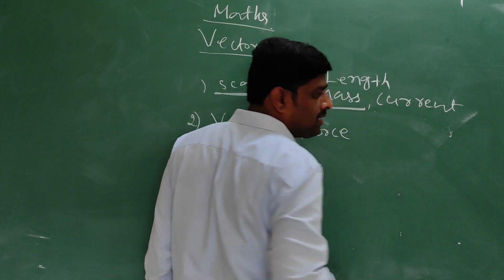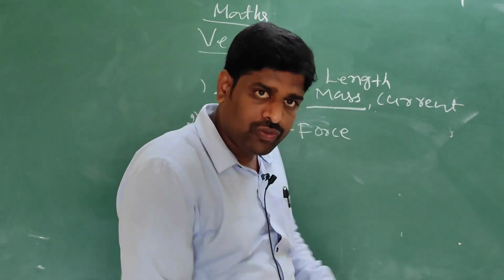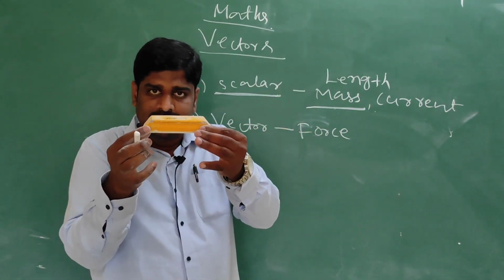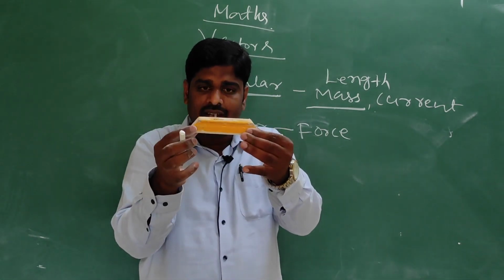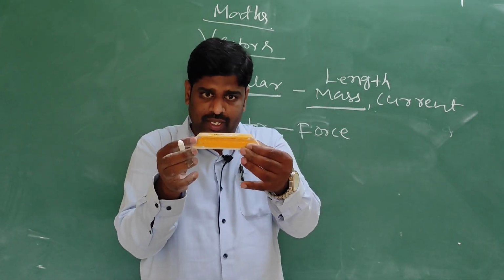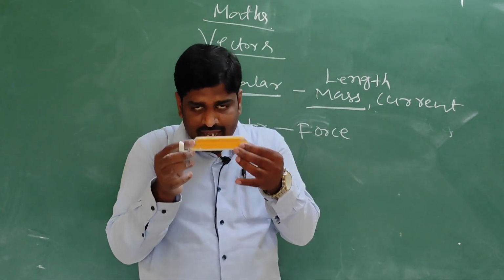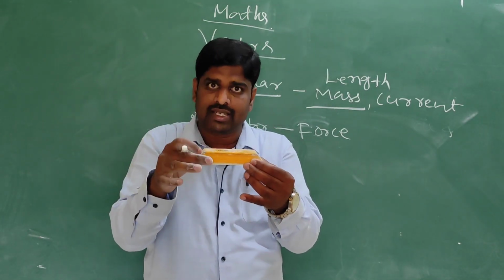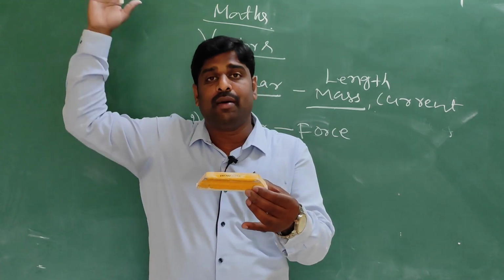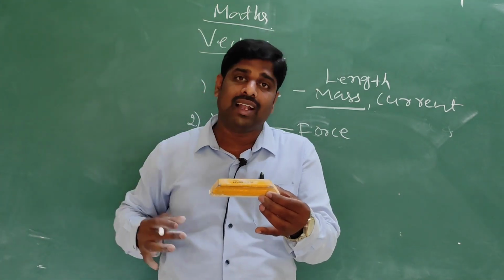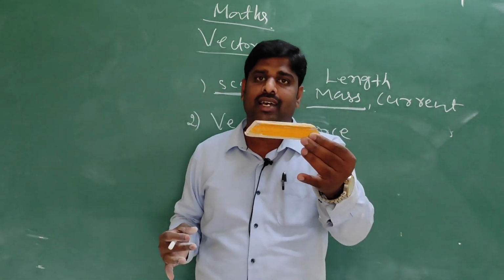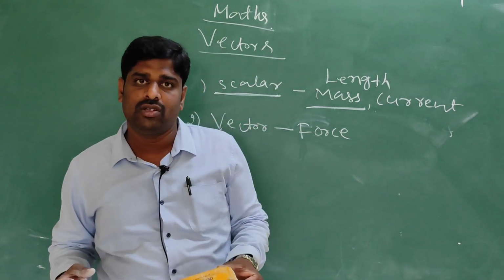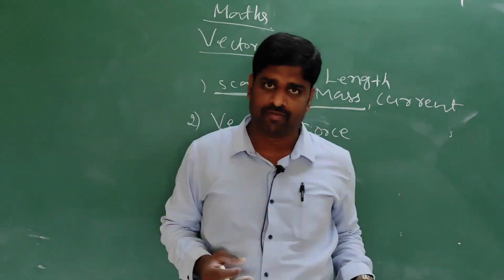Suppose this is a duster. This duster has a mass of 10 grams. Here in India this duster is 10 grams, and the same duster in America also has 10 grams. Mass will not change.